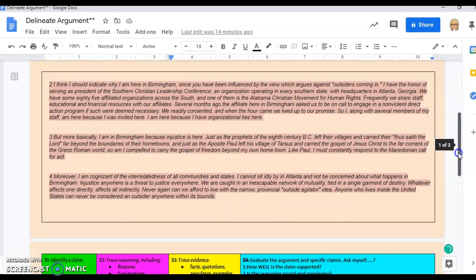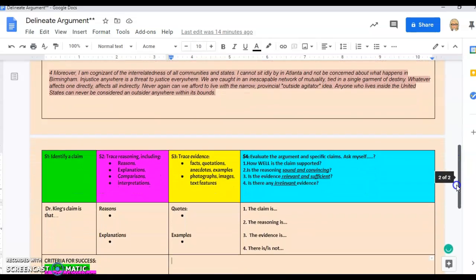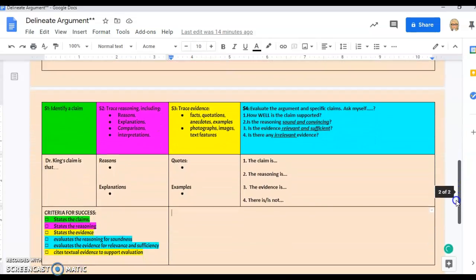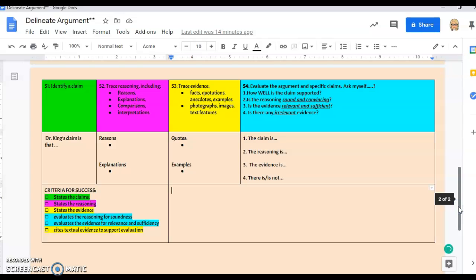Now, there are 4 basic steps that help you delineate arguments, which is something we're going to be doing throughout this year, and it's also a skill that you're going to need next year as freshmen, so make sure you pay really close attention. The 4 steps are as follows. First, identify a claim. Second, trace the reasoning. Now, this can include reasons, explanations, comparisons, and even interpretations, but that's not the full list.